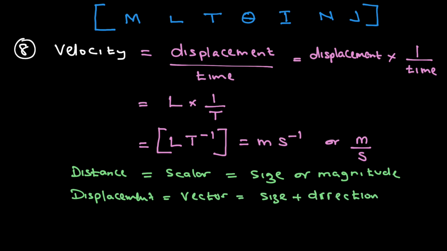So if I have a distance of 2 meters, the displacement will be minus 2 meters or plus 2 meters, or 2 meters north, or you might say 2 meters south. That's what you call a vector. A vector shows direction and size. Direction is negative here, direction is positive here, direction is south, north, east, and west. Whereas distance is only showing size.